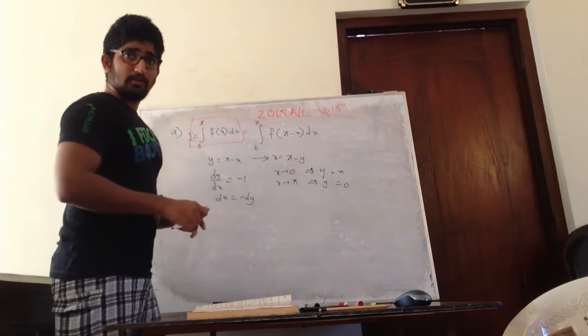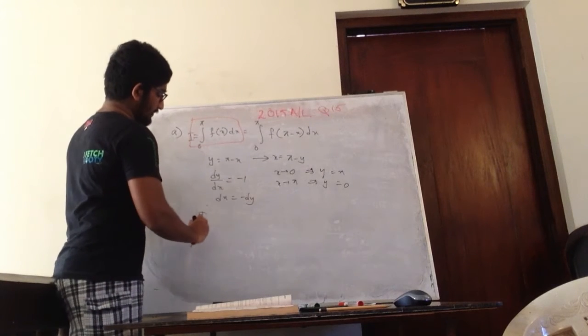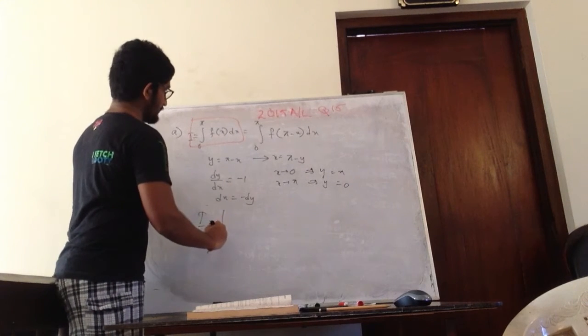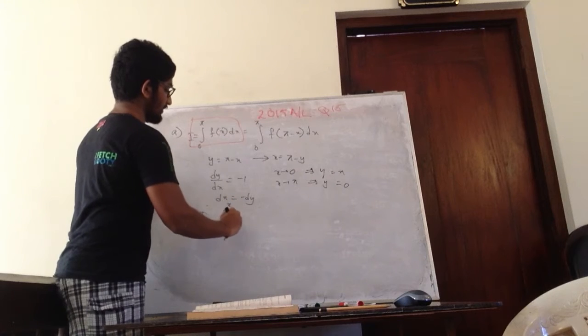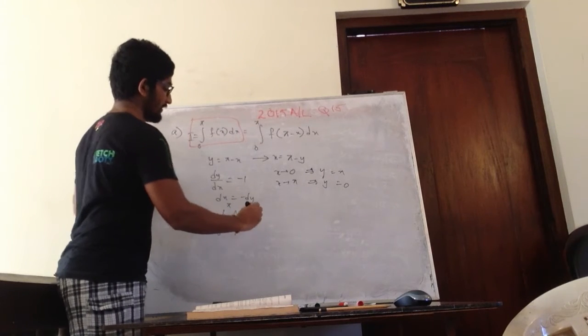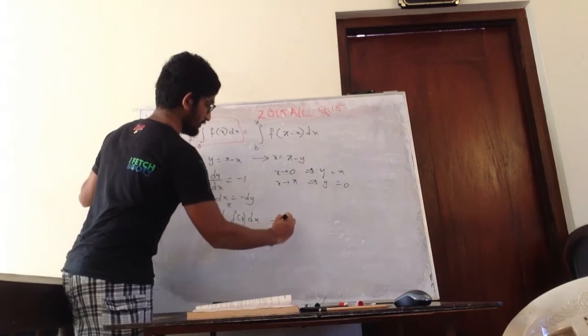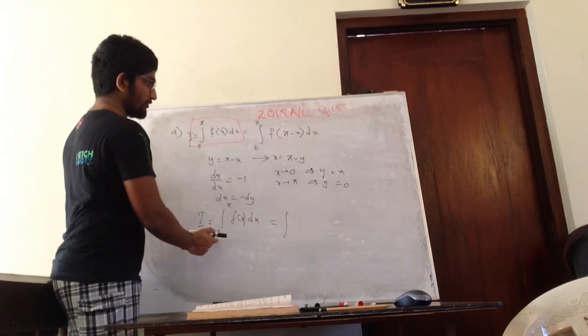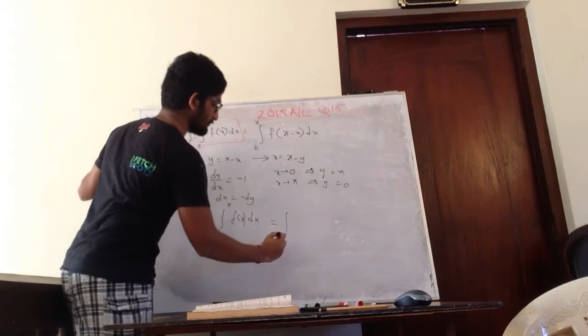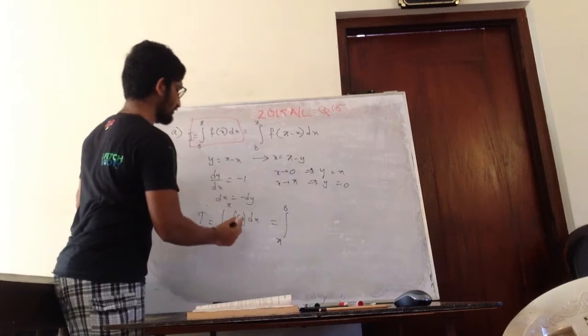So now I can write I as the integral from 0 to 5 of f(x) dx. Now I can put the substitution I used, so the limit goes from 5 to 0.